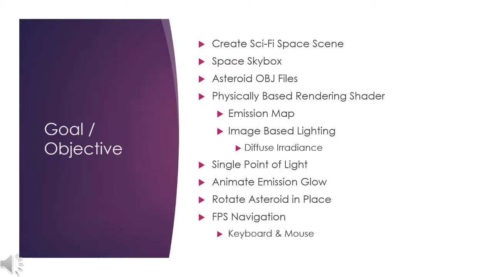In addition to animating the emission glow from the asteroids, I'm also going to be rotating the asteroids in place. I'm not going to be translating them, just using a rotation matrix to make them spin in place. Lastly, I will be implementing FPS style navigation, which uses keyboard and mouse inputs.